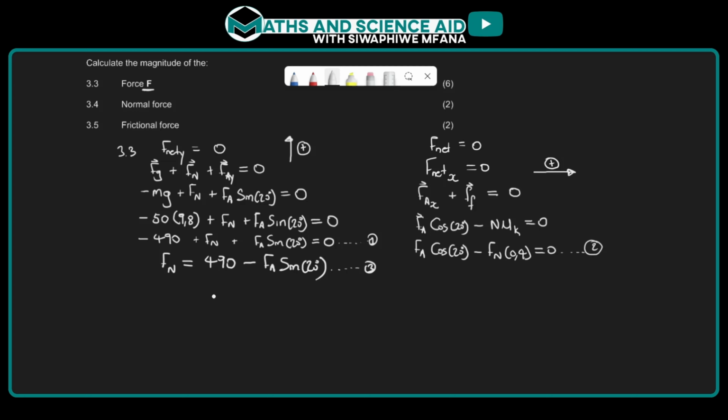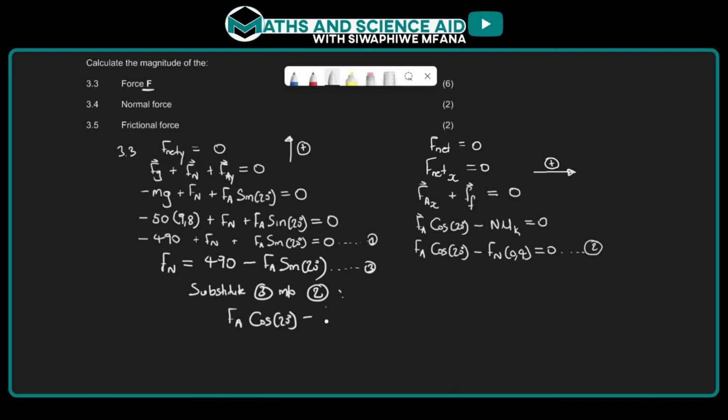And we can call this our equation 3. And now what we are going to do is we will substitute this equation 3 into equation 2. And if we do that, we will have Fa cosine of 20 degrees minus, and then where we have Fn, we are just going to write the expression of Fn, which is given by equation 3.